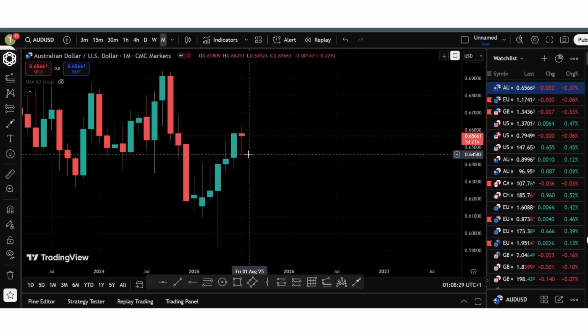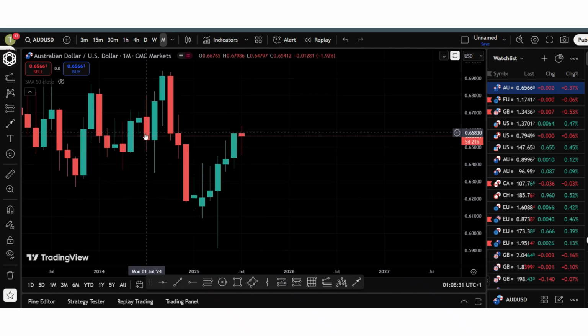The monthly is a very interesting level, and if you come over here, you see a reaction. So we can mark this reaction in the monthly because price is reacting strongly from there.